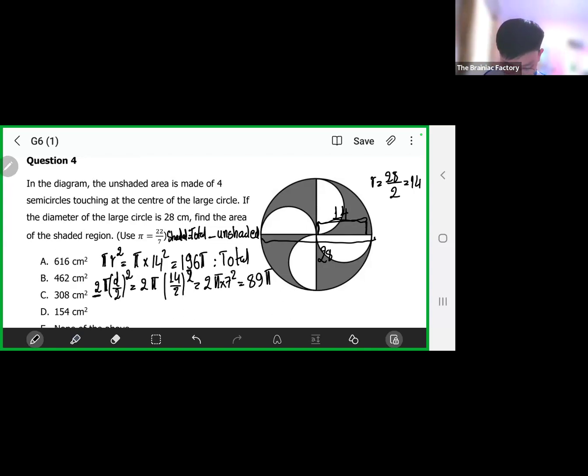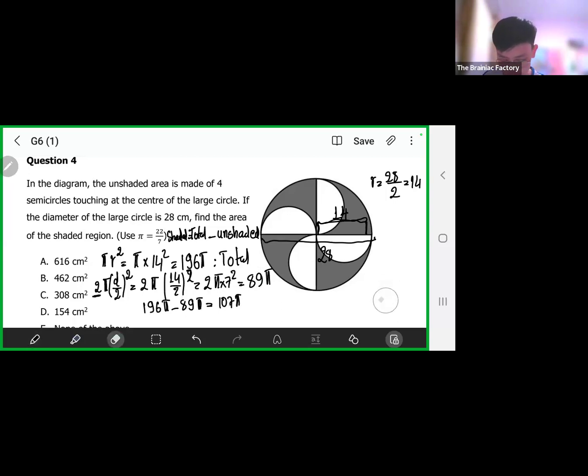So as we said, the shaded region is the total minus the unshaded, which is going to be 196 pi minus 89 pi, and it's giving us, sorry, which is 107 pi.